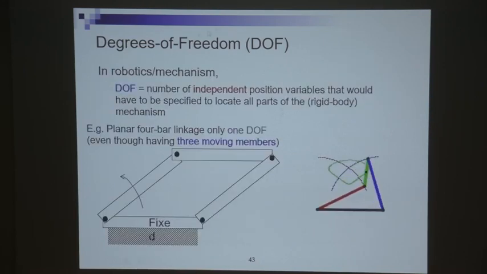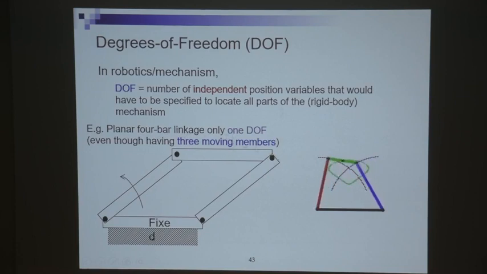In robotics or mechanics, the degree of freedom is equal to the number of independent position variables that have to be specified to locate all parts of the rigid body mechanism. So you have the DOF that you learn in applied mechanics, and now the DOF in robotics, which refers to the independent position variables that have to be specified. For example, in this case you have a planar 4-bar linkage.